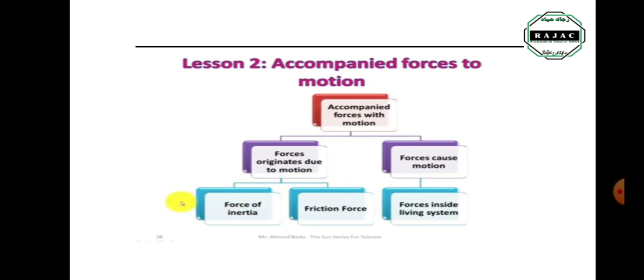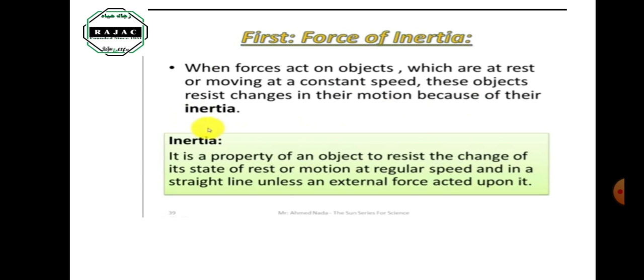The forces due to the motion, such as what? Such as the force of inertia and the friction force. Number 2, the forces that cause motion, such as what? Such as the forces inside the living organism. We talked about inertia.